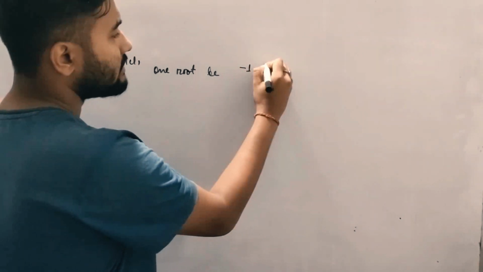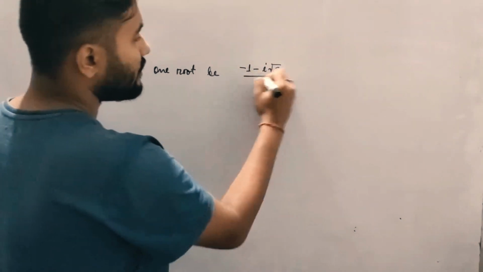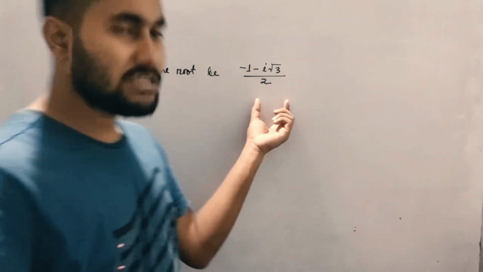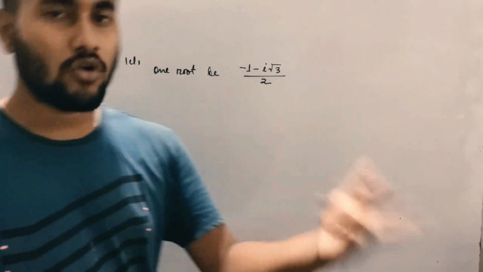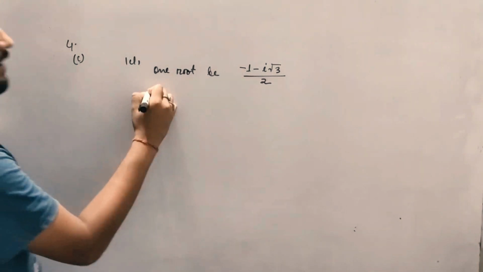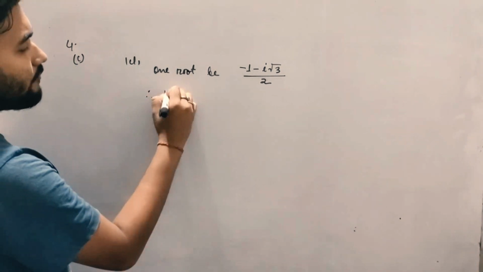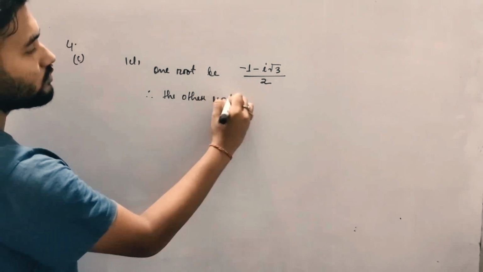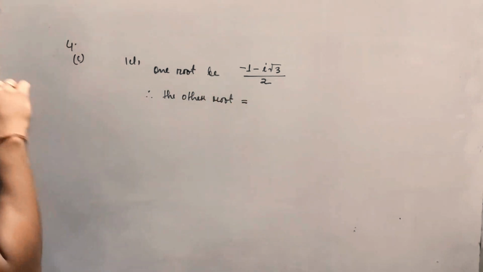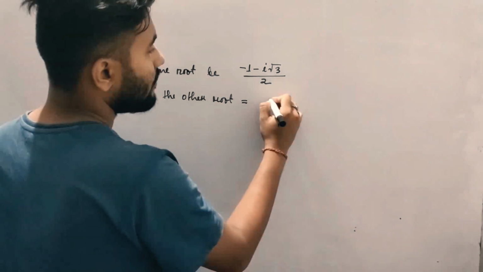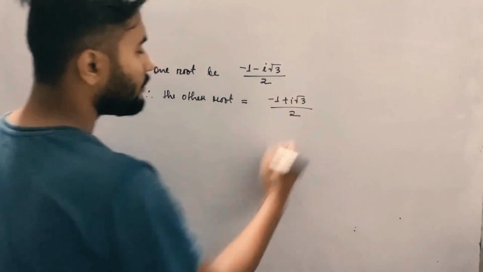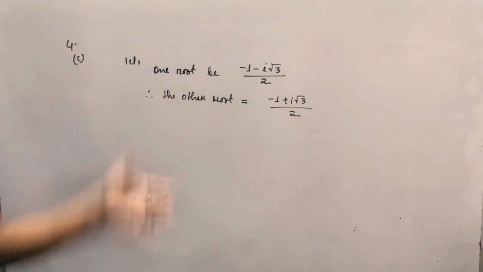Now we know that if one root is imaginary, then the other root will be the conjugate of that root. Therefore the other root will be equal to minus 1 plus i root 3 by 2, the conjugate of that one. So both the roots we have got.